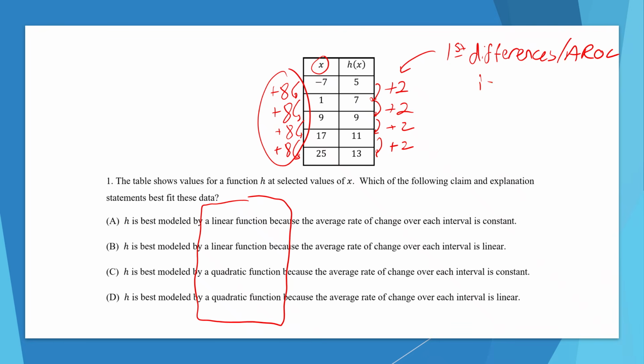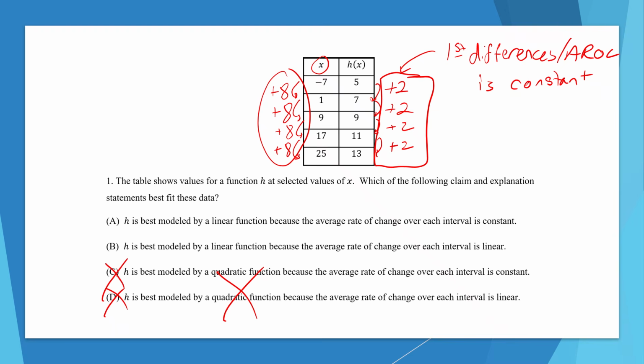Here, this is constant, or are constant, depending on how you phrase it. And the reason for that is because they're the same number. They're the constant number of plus 2. So when the first differences are constant, that means that it should be a linear function. So we can eliminate C and D because we know it's not quadratic.